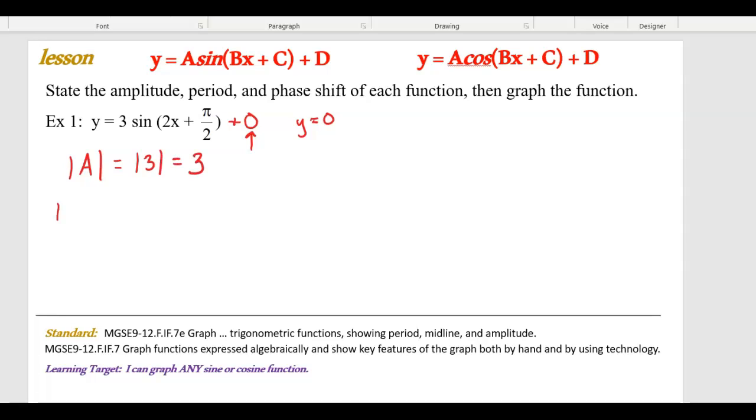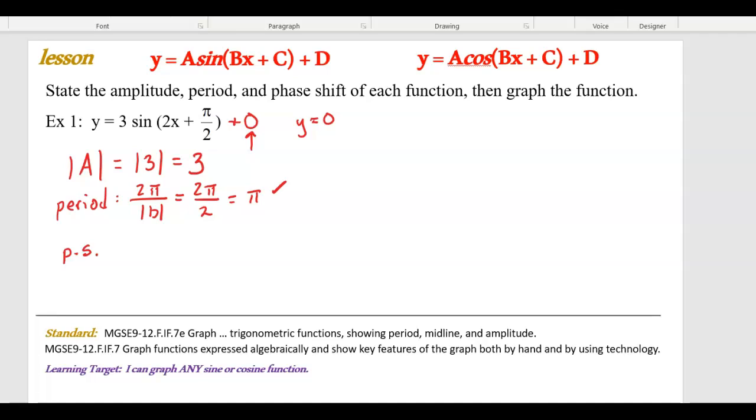The period is 2 pi over the absolute value of B. So 2 pi over the absolute value of 2, or just pi. Okay. Then phase shift, and we're going to see what in the world is phase shift. PS no longer means postscript in this context. Phase shift is PS.